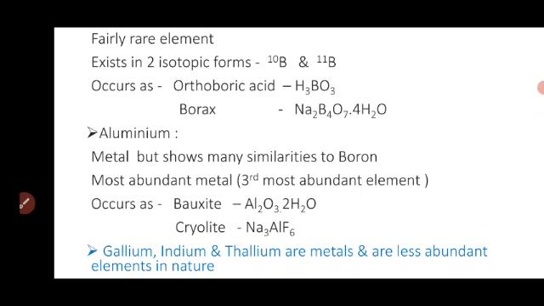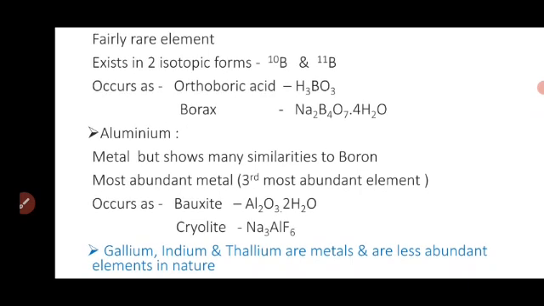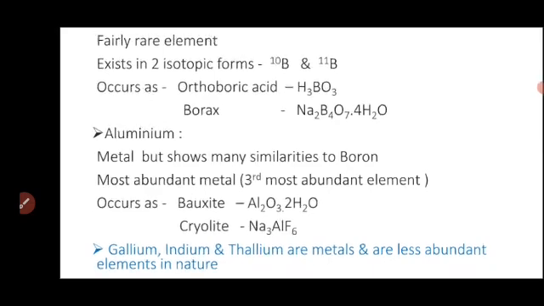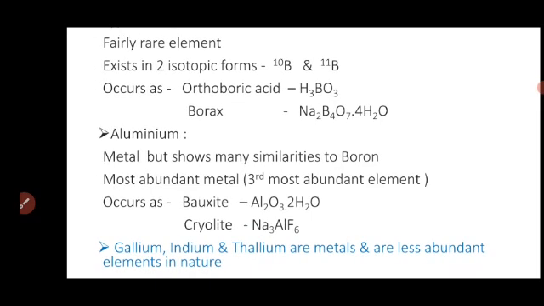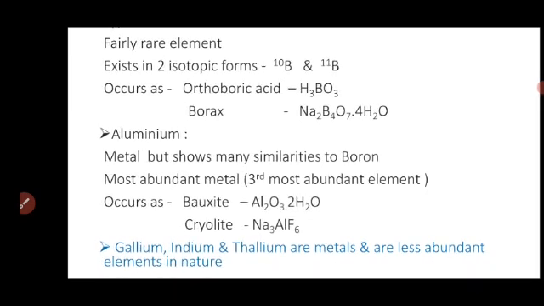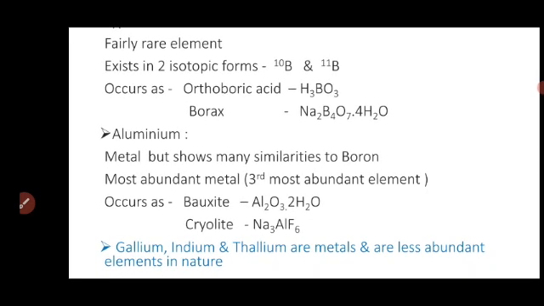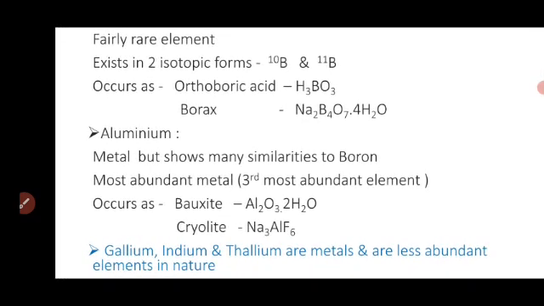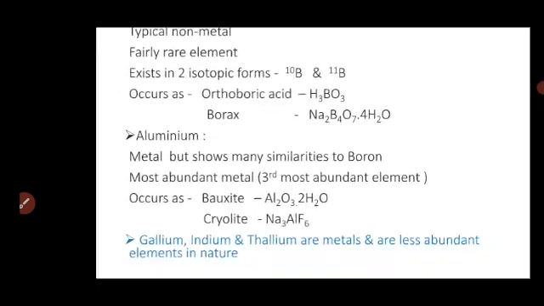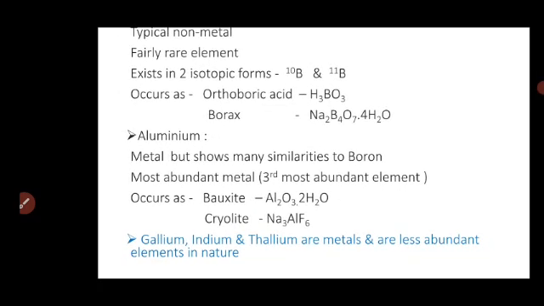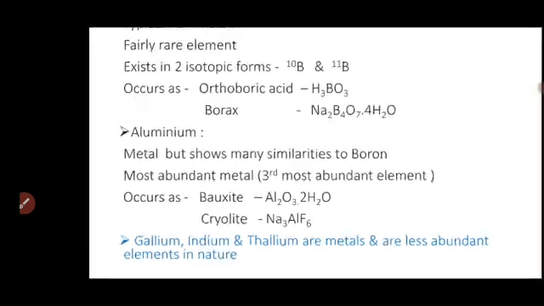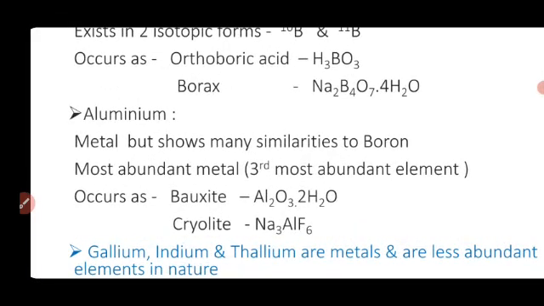And we are lucky because the Indal factory is in our Belgaum, where the mining of bauxite is done. Then next, cryolite, Na3AlF6, sodium aluminium fluoride. So these are the forms in which aluminium exists.